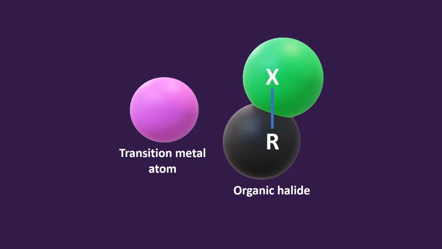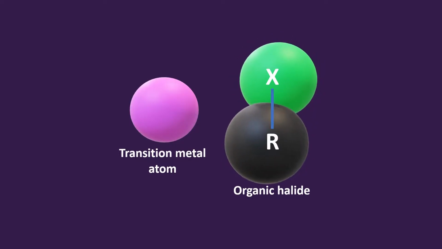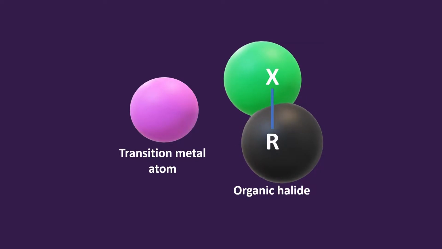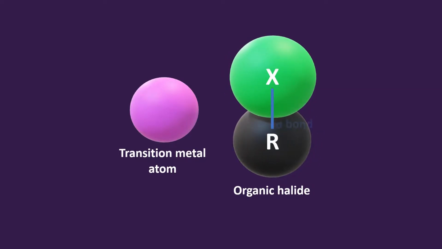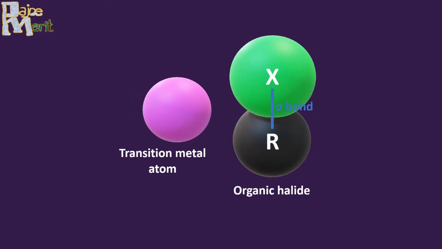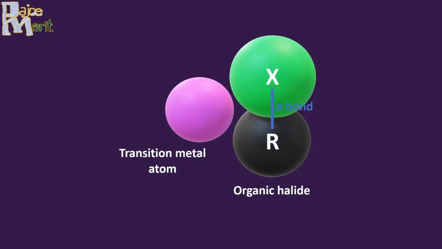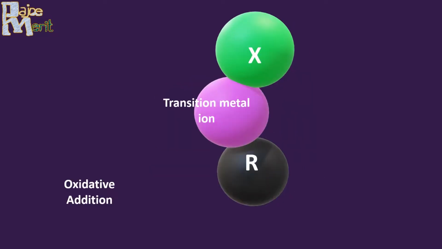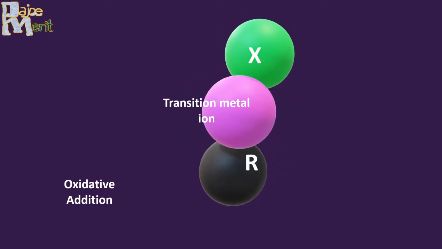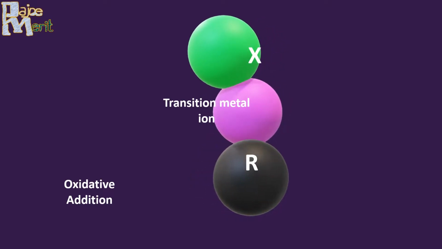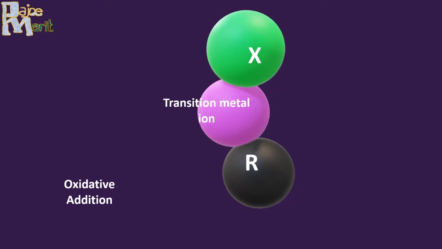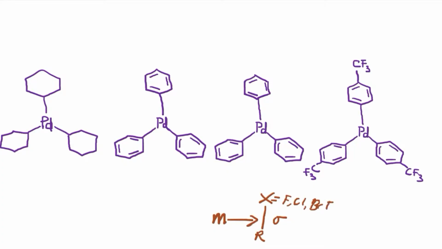What do I mean by oxidative addition? The purpose of oxidative addition is to be able to insert a metal into a specific sigma bond. And this sigma bond, for the purpose of this particular video, is where an R group is actually interacting with an X group, where this X group is either one of the halides: fluoride, chloride, bromide, iodide, all these guys.